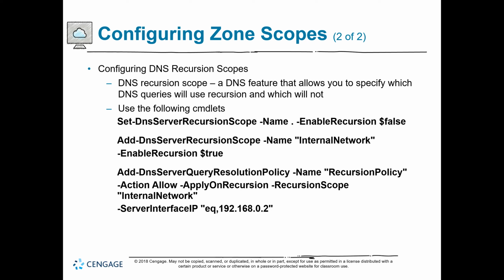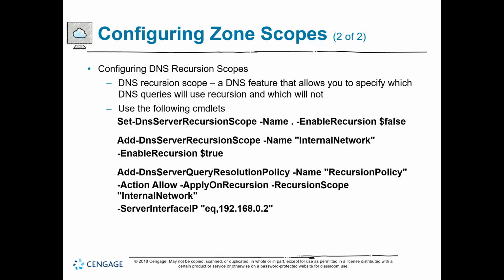And now remember when we were talking about how you add these in, when you're doing these, you need to do them in order. You don't want to do the top one there and then go all the way down to the bottom. You want to start at the top when you're doing the cmdlets and work through them, because each step sets you up for the next one. So you can see how in this one you do the Set-DnsServerRecursionScope, name, EnableRecursion false.